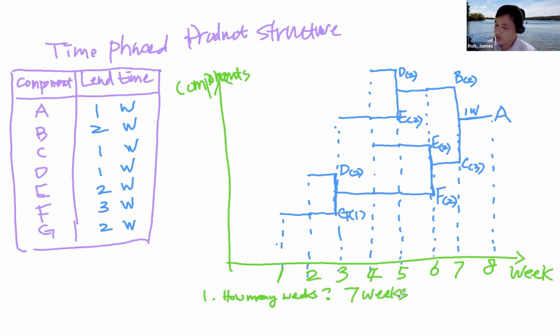So say if you start from week 0, 1, 2, 3, 4, 5, 6, 7. It takes 7 weeks, right? So if you start from 2, then it will end at 9. So it takes 7 weeks for you to finish this product.